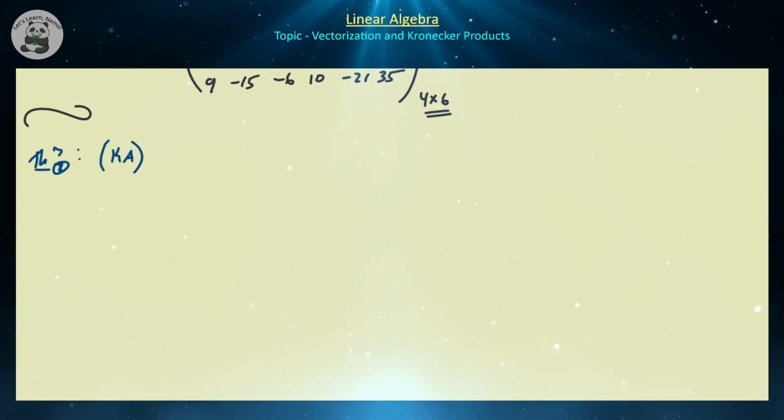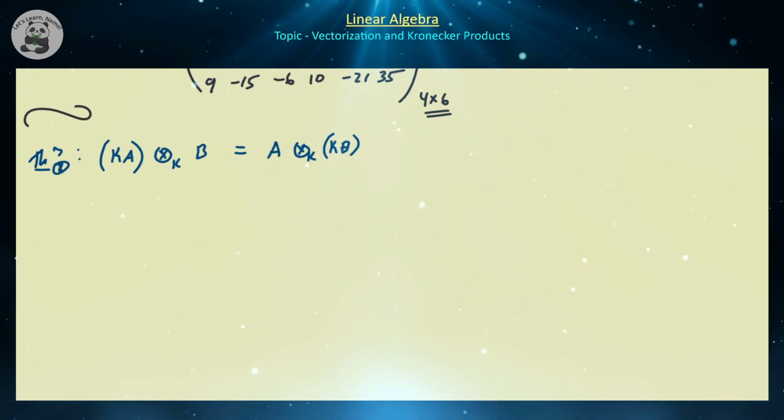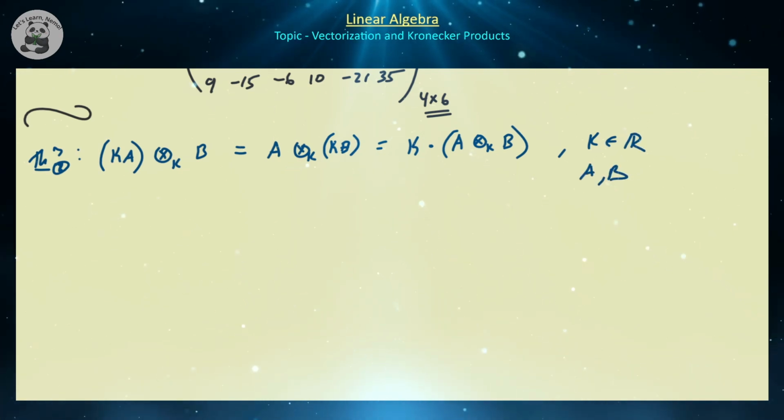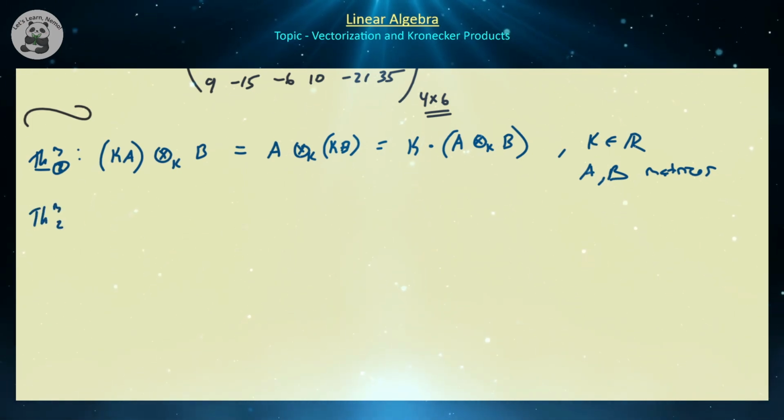If we have a scalar times a matrix A and the Kronecker product of that with matrix B, one can show that this is equal to A Kronecker product with a scalar times B, and this is also equal to the scalar multiplied by the Kronecker product of A with B. Here, k is a scalar, and A and B are matrices. That's pretty easy to solve, so I invite you to try that out.